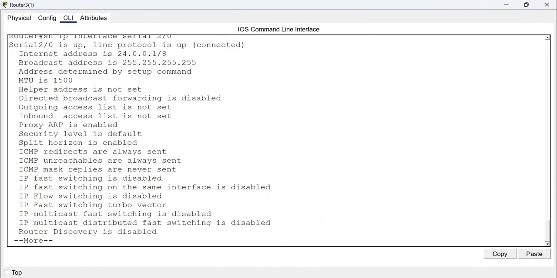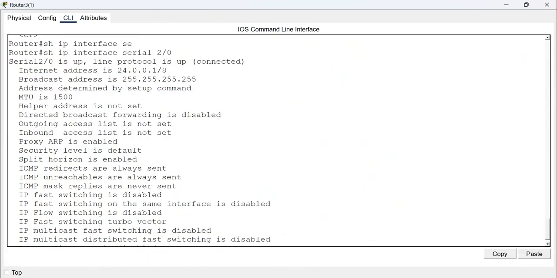I got complete information about serial interface 2. It says it is up and connected, and what the IP address and the broadcast are, and we have something called MTU. MTU stands for maximum transmission unit. That means the size of the data you are going to carry in the cable.